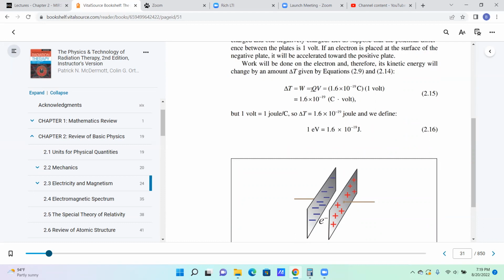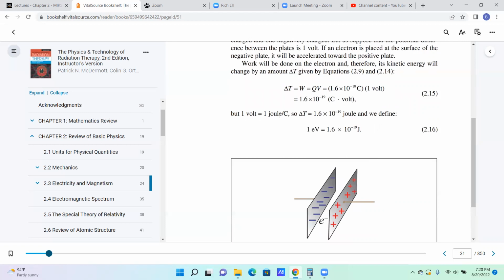If we multiply both sides by the charge, then we find out that the work is equal to Q times V. We know what the elementary charge of an electron is. Multiply that by the voltage in between these two, which we were told was a volt. So we get 1.6 times 10 to the minus 19th coulomb volts.